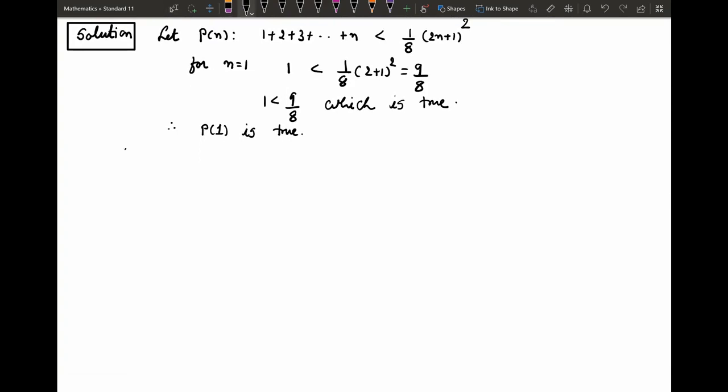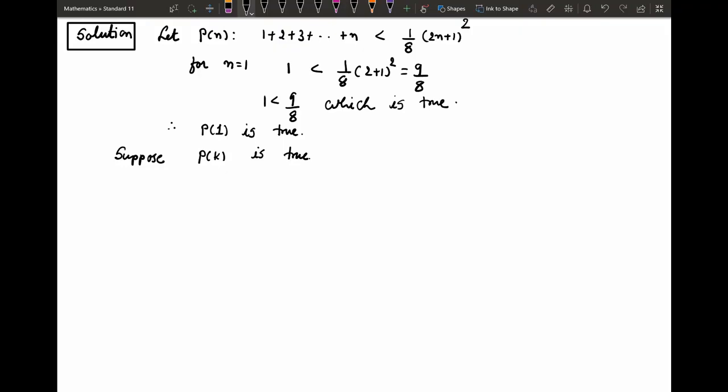Suppose P of k is true. That means we have assumed that the result is true for n equal to k. Using this, one has to prove that the result is true for n equal to k plus 1.